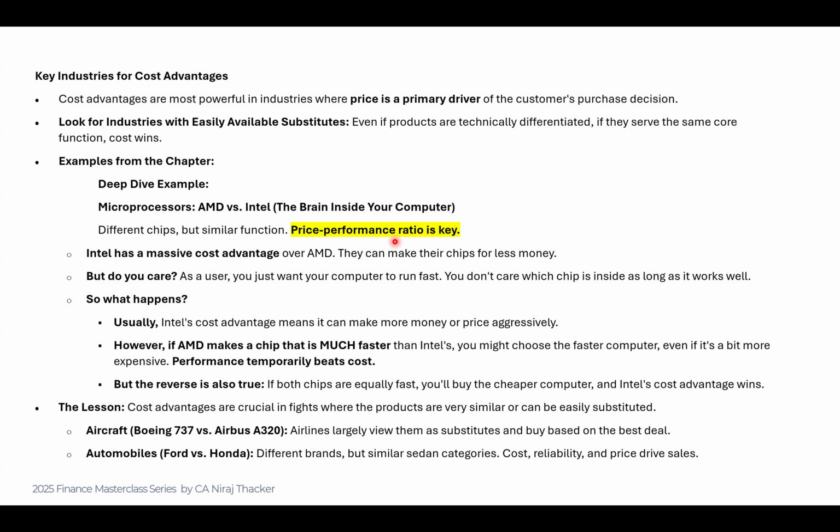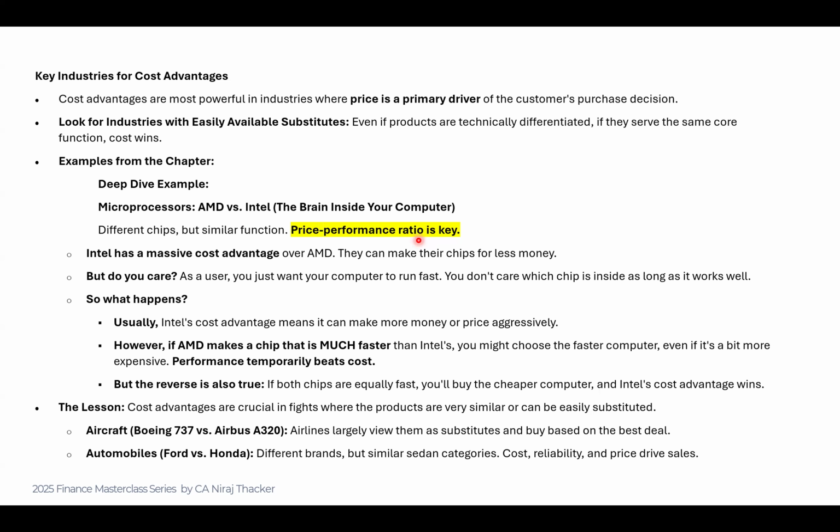But if AMD is costly but performance-wise much better, then I'll go to AMD, correct? So price-performance ratio is the key. When you are comparing two products and both perform the same, then cost is the key. But if performance is very good, then cost may not be the key.